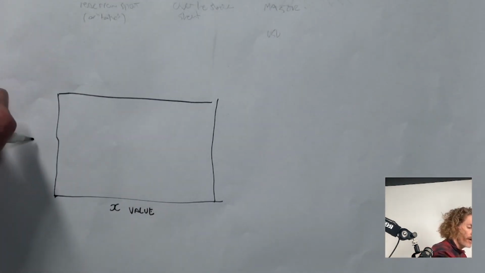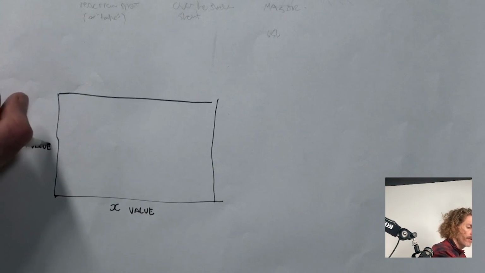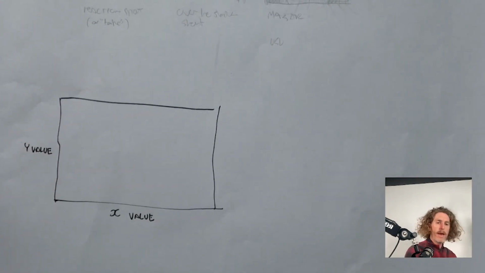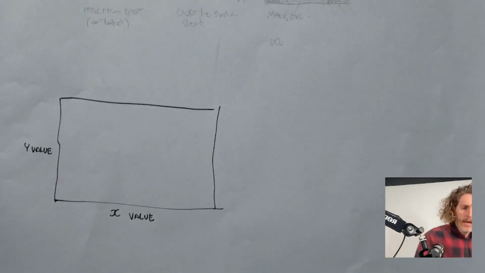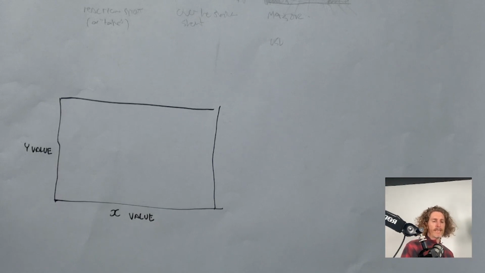The height is something we might call the y value. Everyone's fairly familiar with that idea, and it's the biggest mistake that people make when they're beginning the journey of learning how to do composition: they're only really thinking about the x and the y value.